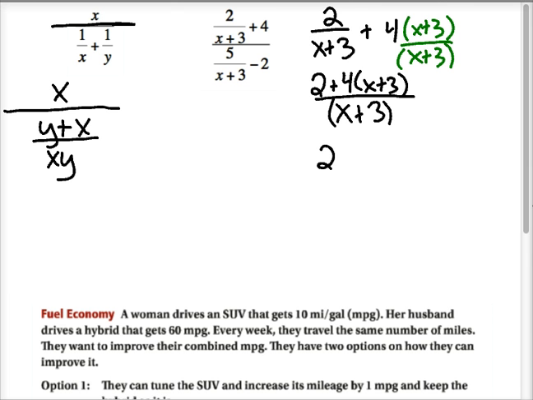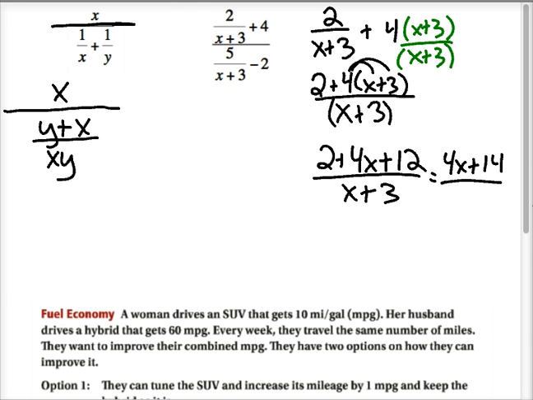So that'll give me 2 plus, if I distribute that, 4x plus 12 over x plus 3. Or in the end, that's giving me 4x plus 14 over the x plus 3.